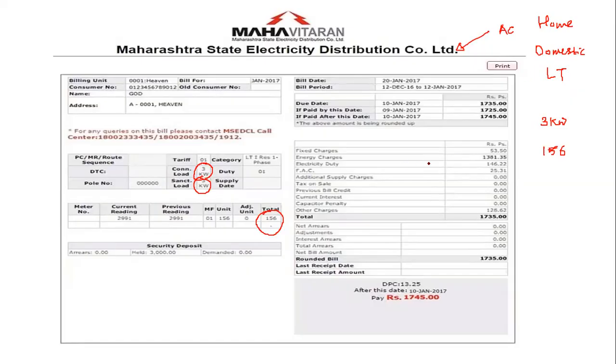Here, for the sake of convenience, we have this electricity bill, because it gives you the idea about why energy is important: you need to pay for that, right? And please remember, the power which we are consuming is AC power, right?